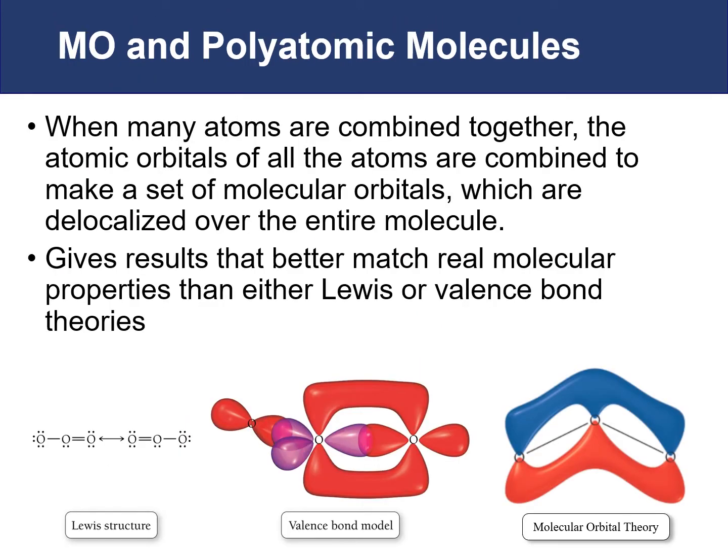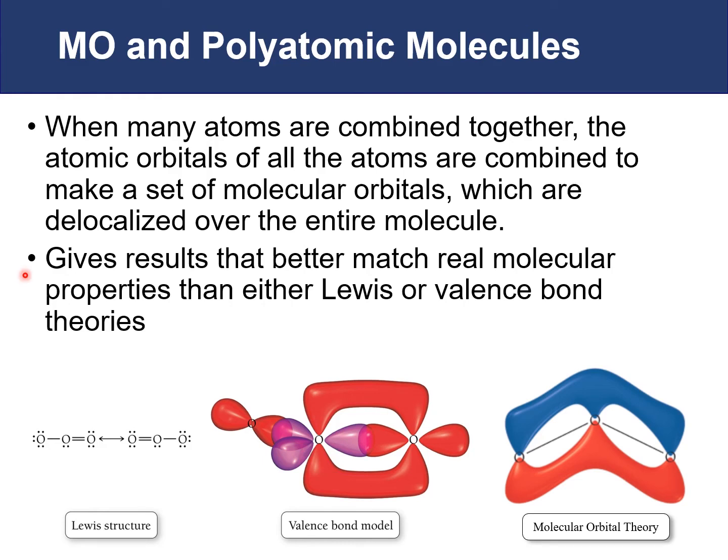For polyatomic molecules, those that have more than 2 atoms coming together, when the many atoms are combined together, the atomic orbitals of all of the atoms are combined to make a set of molecular orbitals. Those molecular orbitals are delocalized over the entire molecule.